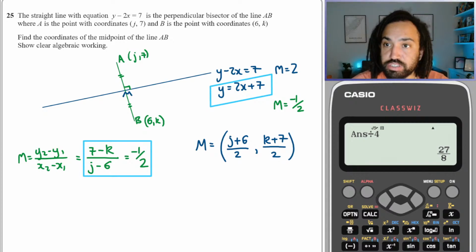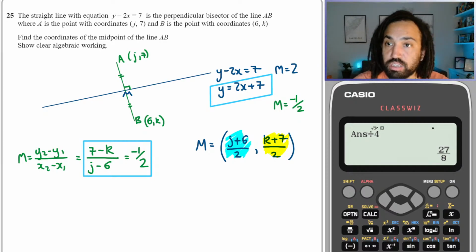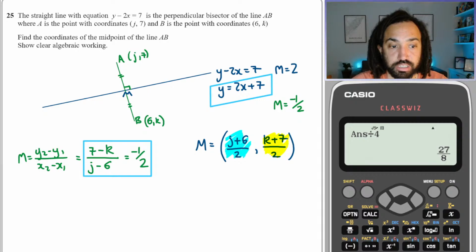So it means that if I take the y coordinate of the midpoint, it should equal 2 times the x coordinate plus 7, because it is on that line. So my second equation can look like this.